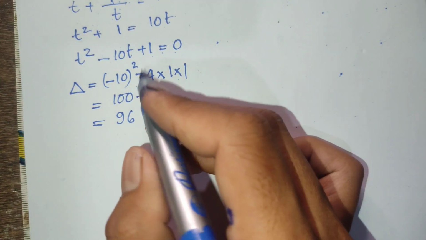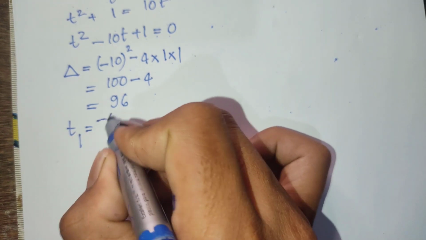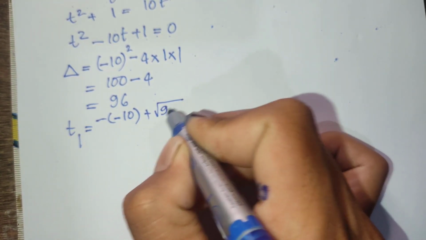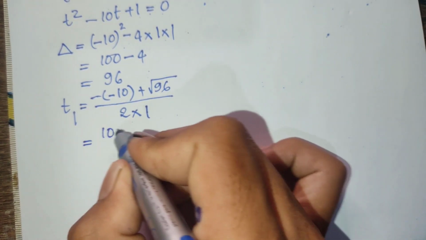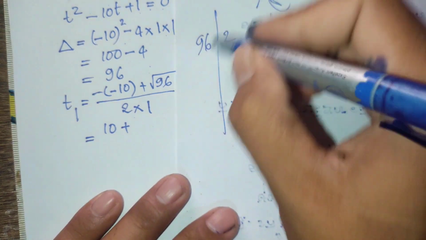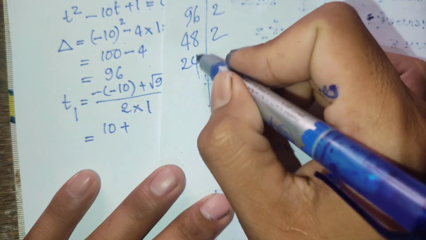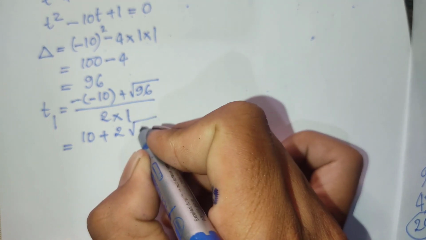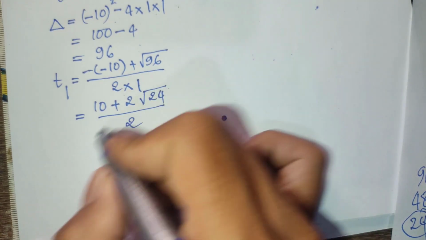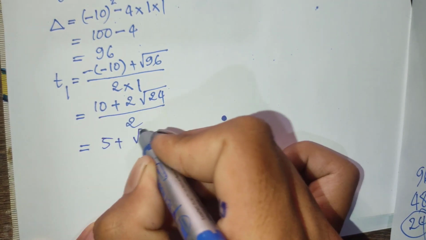Okay, now we get the values of t. t1 is equal to minus minus 10 plus square root of 96, divided by 2 times 1. That is 10 plus square root of 96 divided by 2. Square root of 96 is 4 times square root of 6, so we get 2 square root of 24... and dividing by 2, taking factor 2, we get 5 plus square root of 24.